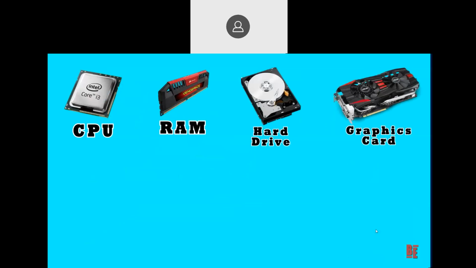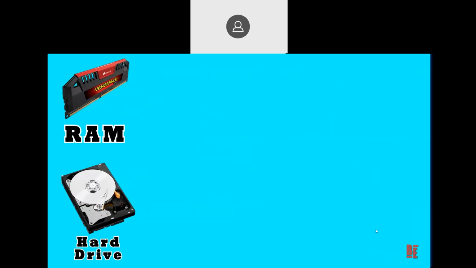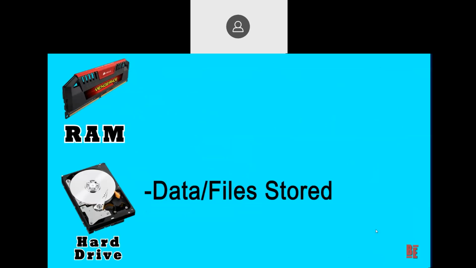Now let's talk about RAM and hard drive at the same time because they have a very unique relationship, which is probably why people often confuse the two. Your hard drive is where all of your data is stored. When your computer tells you you're running low on space, it's because your hard drive is almost full. All of the data that makes up your videos, pictures, documents, project files, or the 3D worlds and models that make up a game are all stored here.